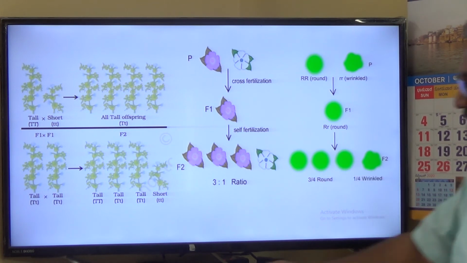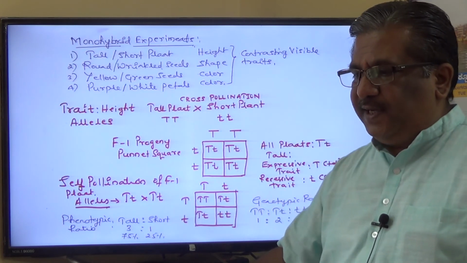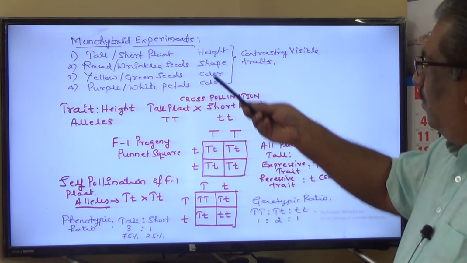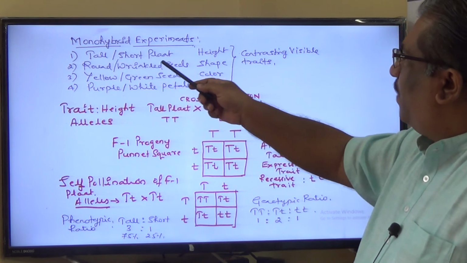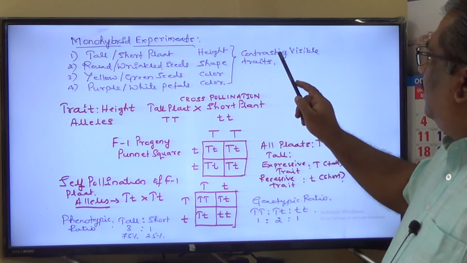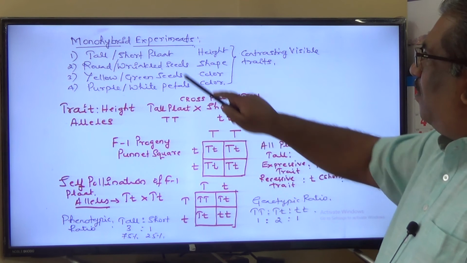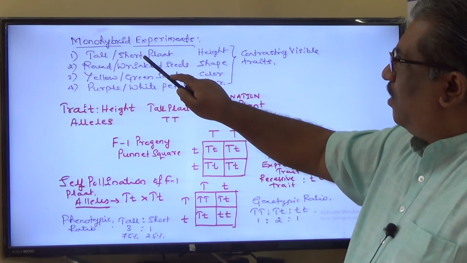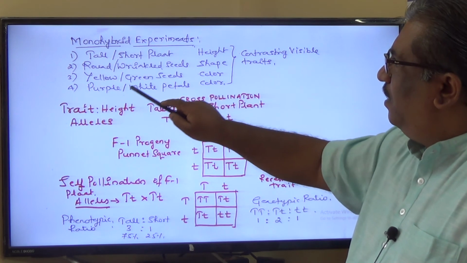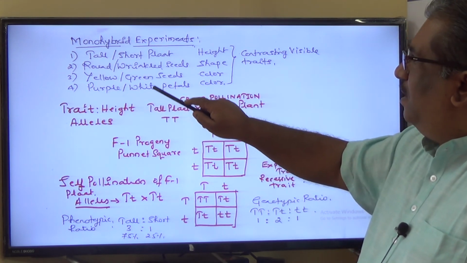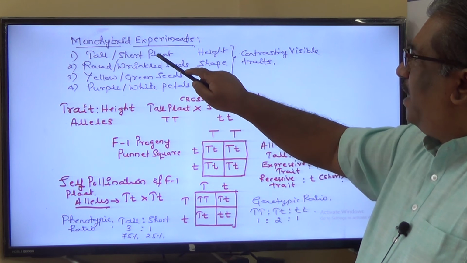I hope you understand. So I have done a few more Punnett squares for a few more traits here. Monohybrid experiments, tall and short plant with respect to height. These are the contrasting visible traits. Tall and short is one particular trait, round and wrinkled, yellow and green, purple and white petals, these are seeds, petals, height.